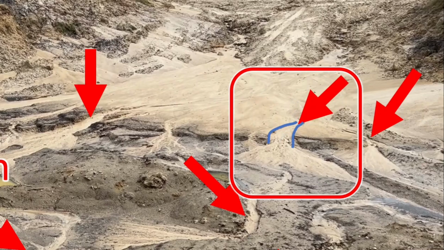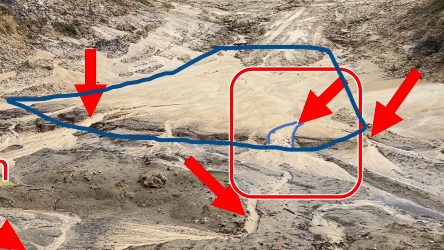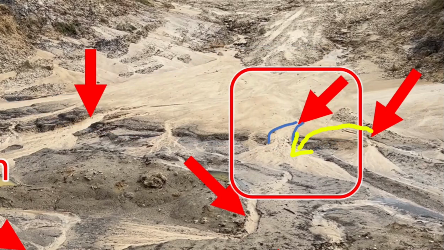Notice where the channel is in relation to the fans. Remember that large fan that I circled in blue earlier? Notice how this erosion channel slices through the leading edge of the large fan. Notice how at the end of the erosion channel there's another fan, which is smaller than the large fan, but on the same scale as the erosion channel itself.